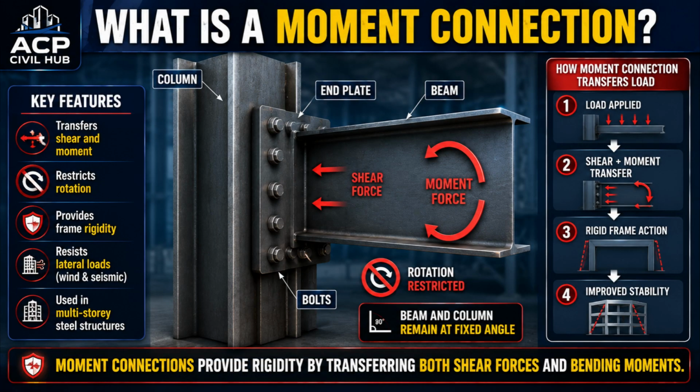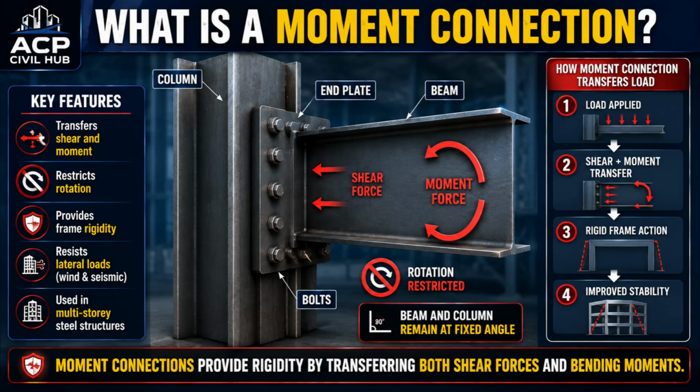What is a moment connection? A moment connection is a rigid steel connection designed to transfer both shear forces and bending moments between structural members. Unlike a shear connection, a moment connection restricts rotation at the joint and helps maintain the angle between the beam and column under loading.